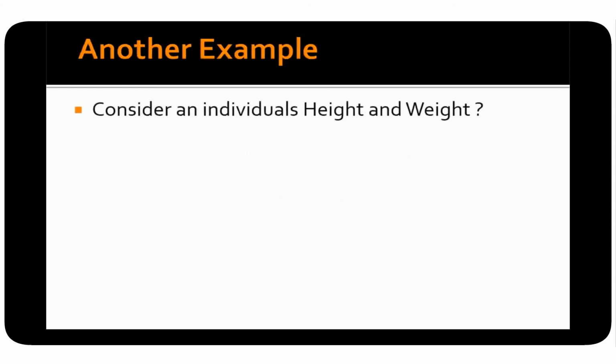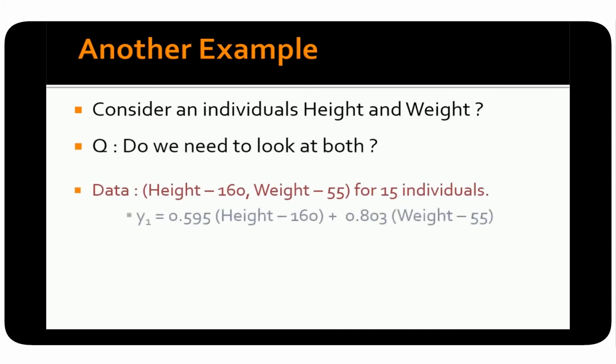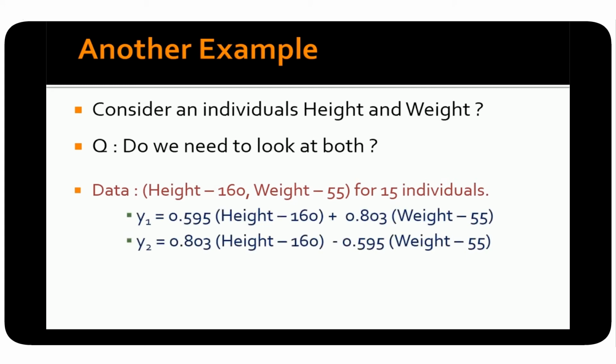Another example would be the height and weight example that we had looked at before. The question was, do we need to look at both? We had data on 15 individuals, and we can find the principal components as before.